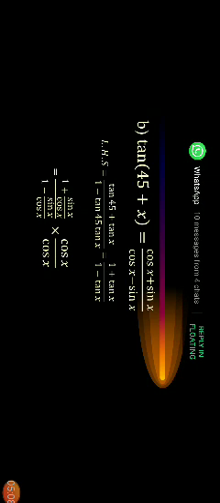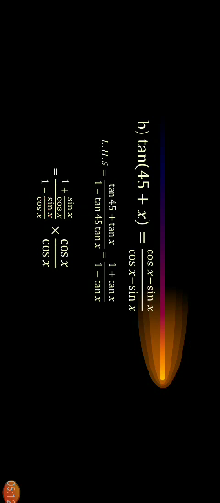Then by multiplying both numerator and denominator by cosine x and cancelling, cosine will cancel with cosine, and cosine in the denominator will cancel with cosine. You will get cosine x plus sine x over cosine x minus sine x, which means left hand side equals right hand side.